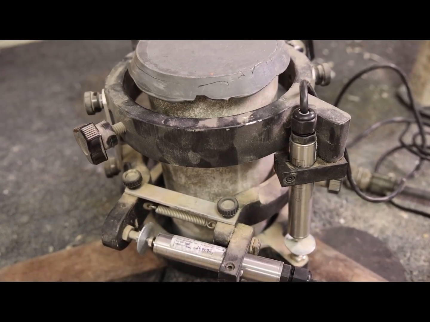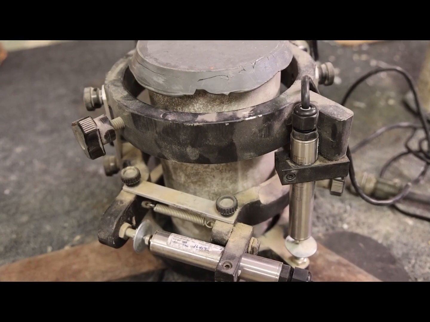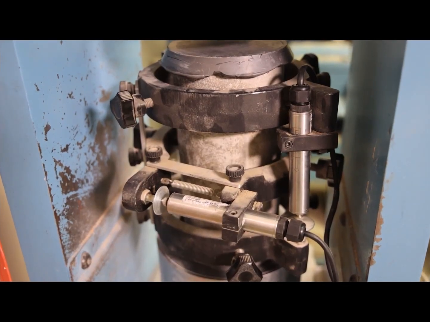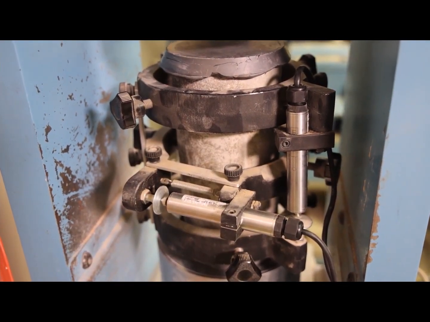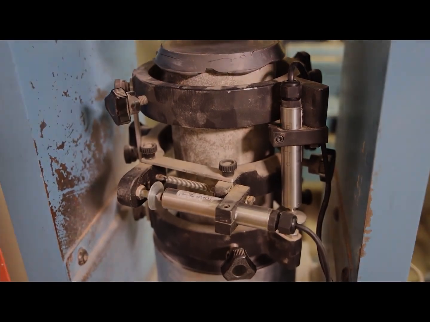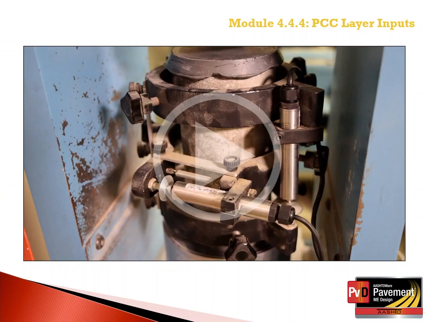This simply shows the concrete cylindrical specimen in place with the LVDTs and/or other measurement devices attached to the concrete cylinder. And again, this is in accordance with ASTM C469.